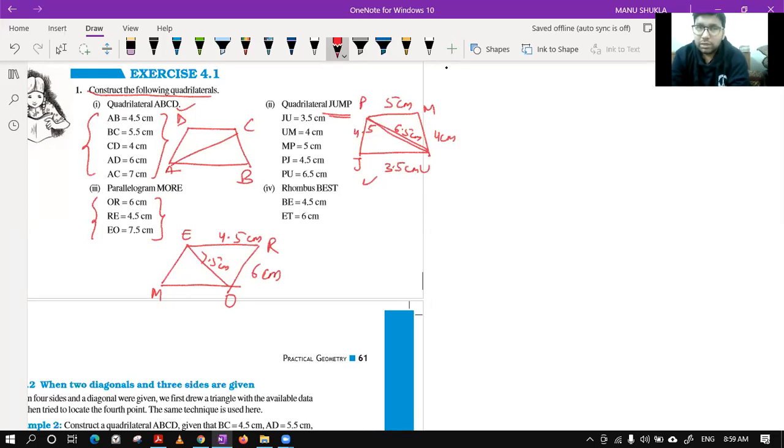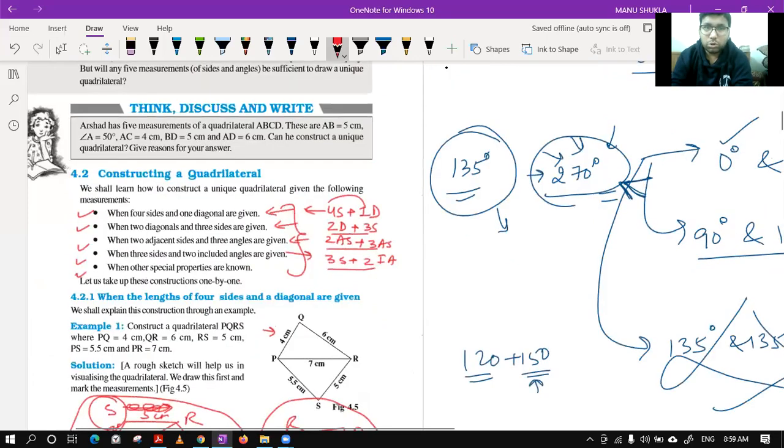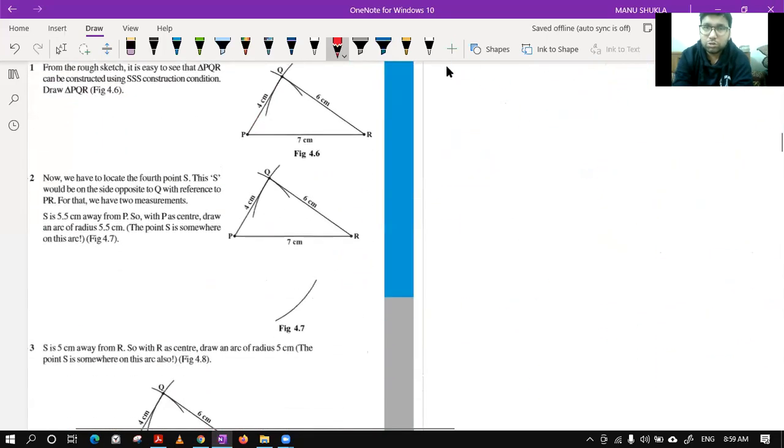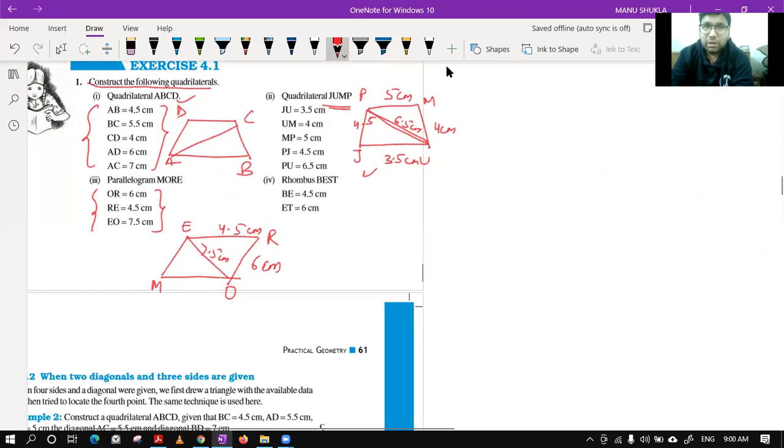Yes, class. What to be done now? We only know 3 things in this given quadrilateral, but we have seen that we should know at least 5 things to draw a quadrilateral properly. Please tell what needs to be done. You have to draw a parallelogram MORE in which they have given you 3 things.